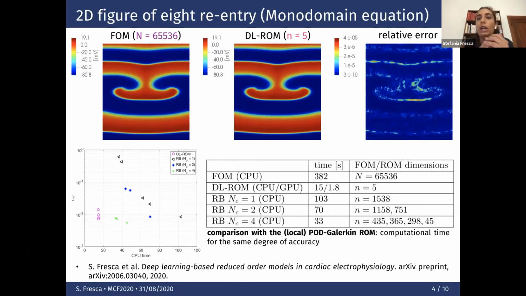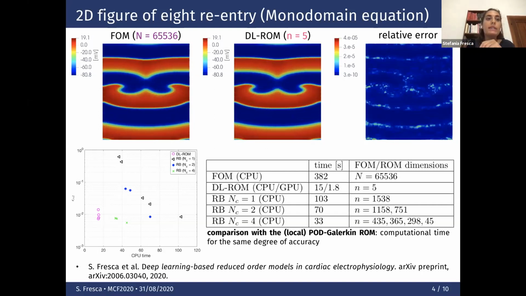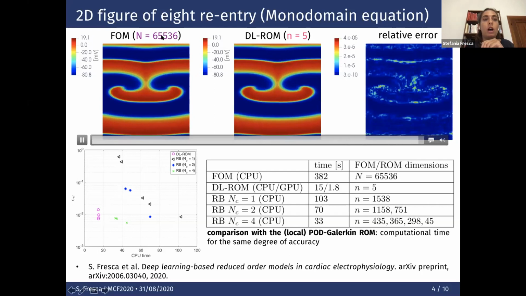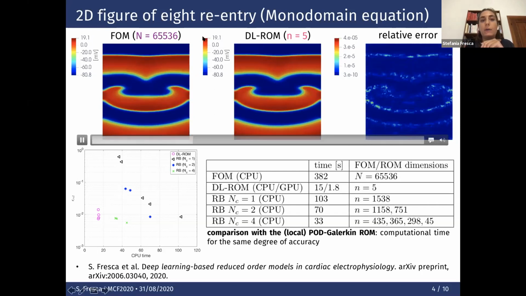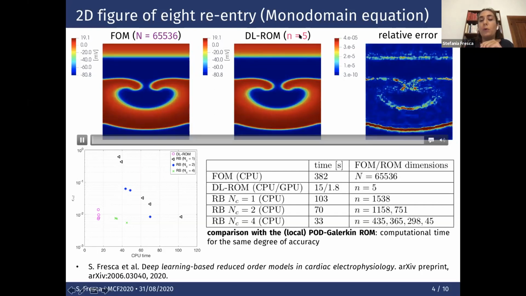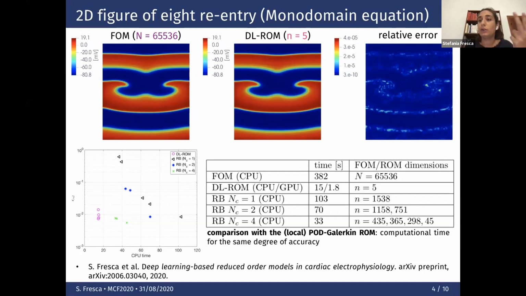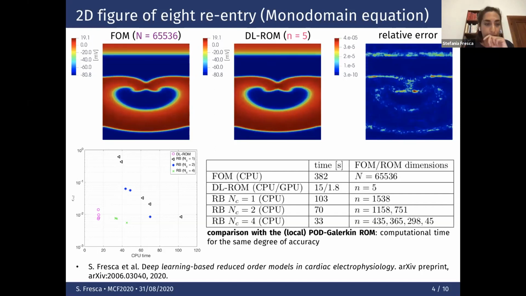Indeed, we apply the S1-S2 protocol in order to induce the reentry. We start from a FOM dimension almost equal to 66,000, and we end up with a reduced dimension equal to 5, which is very close to the intrinsic dimension of the problem, in this case 1 parameter and time.